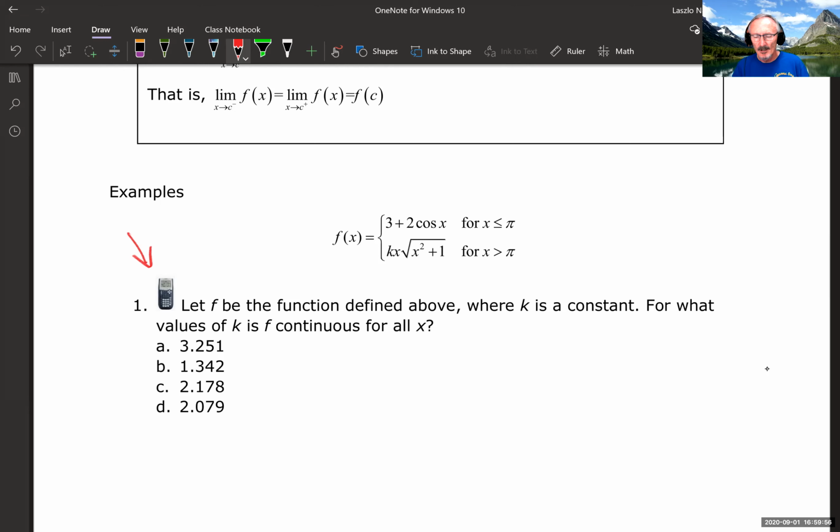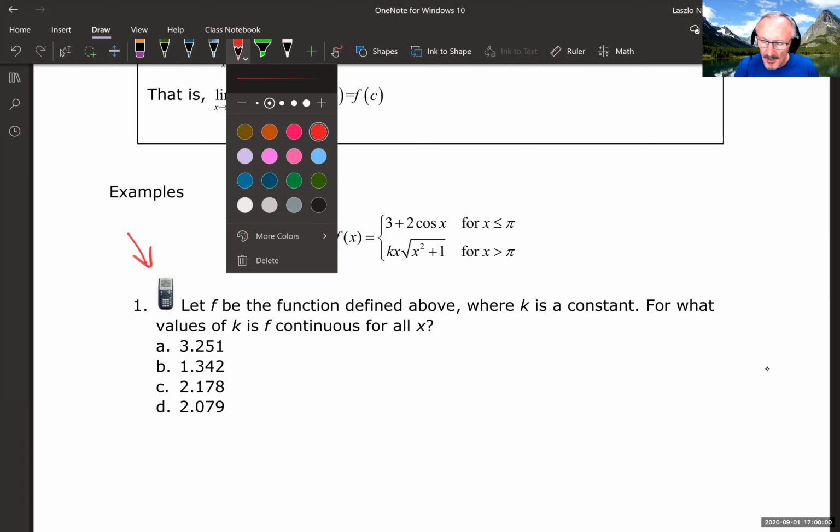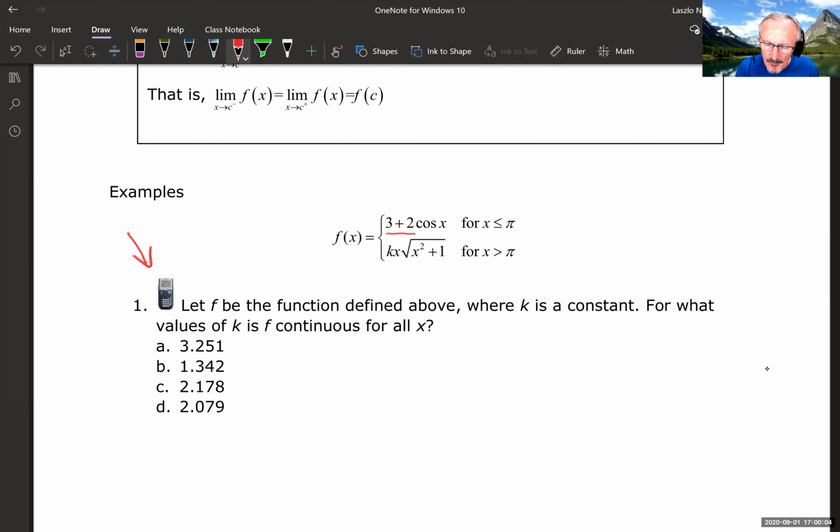And here in this piecewise function, they are partitioned as follows. This is the definition on the interval where x is less than or equal to pi. And this, of course, is the definition down here when x is greater than pi.